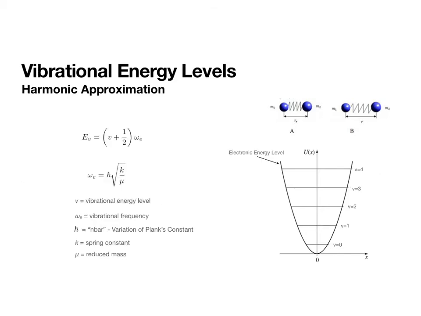So let's be more specific. The answer to the harmonic approximation is that the vibrational energy is equal to V, this is the vibrational energy level, plus a half times omega E, and this is the frequency of the vibration.